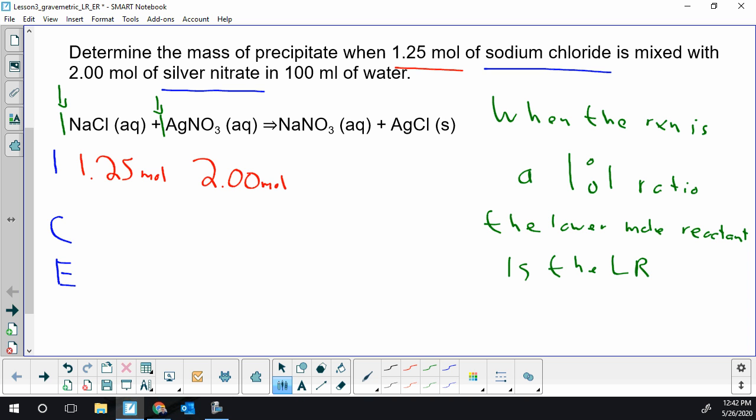The lower amount one is our sodium chloride. That's going to run out first, and the silver nitrate is the one that'll have the excess.